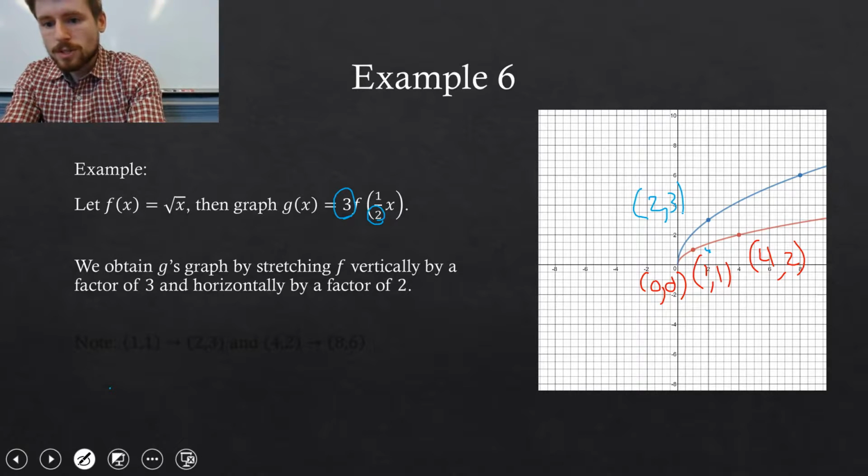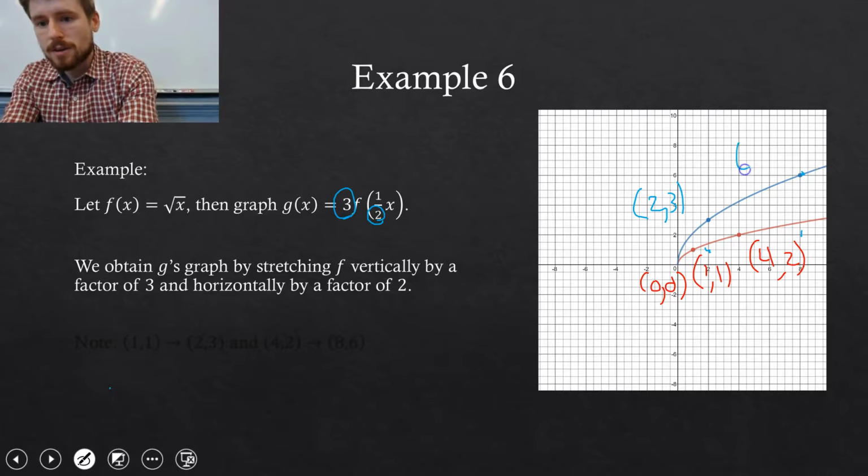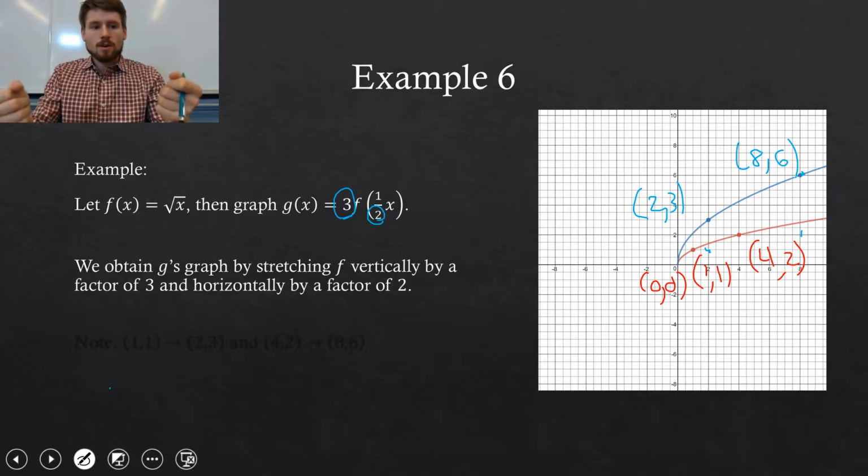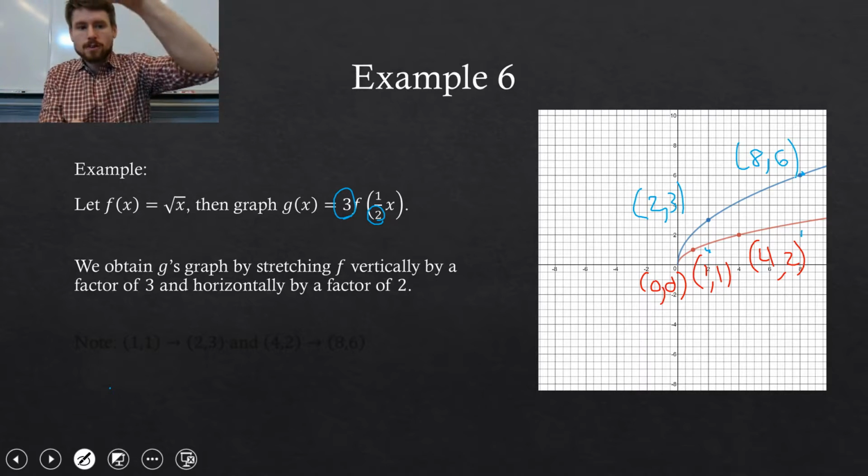So we multiply the x by 2 and the y by 3. And then let's look at (4, 2). We multiply the x by 2, that takes it out to 8. And we multiply the y by 3, that takes it up to 6. So here we go, (8, 6). That's where we land after doing that. So we stretched it horizontally by 2, vertically by 3.